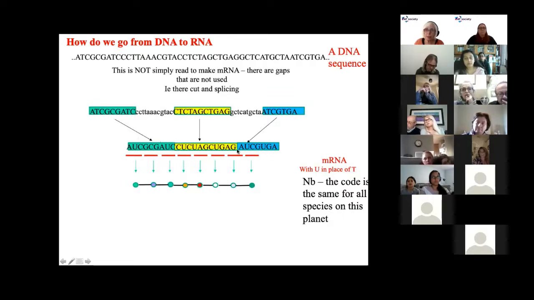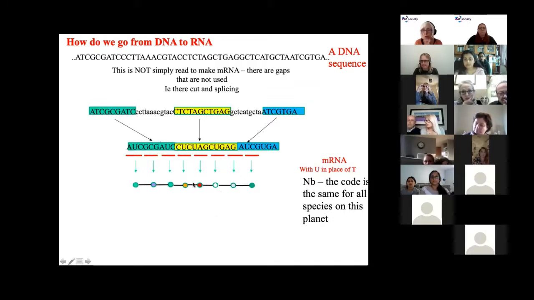So it's all there in your DNA, but there are bits of what we call non-coding information separating these bits. And the cell somehow knows how to cut there and join it to there. And then that is read off in your groups of 3 to make your protein.